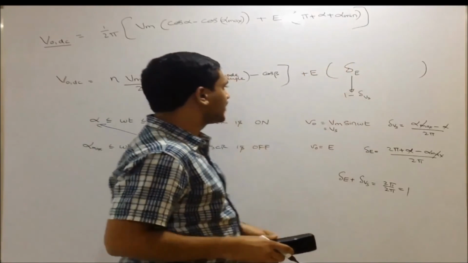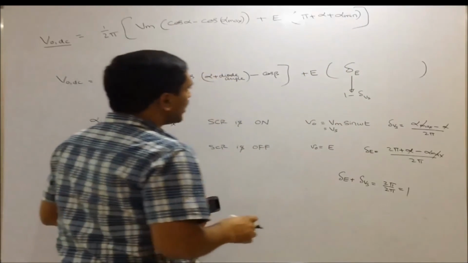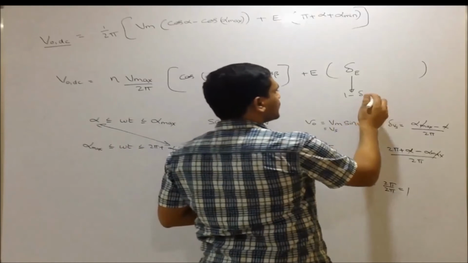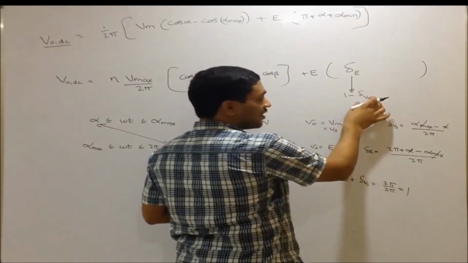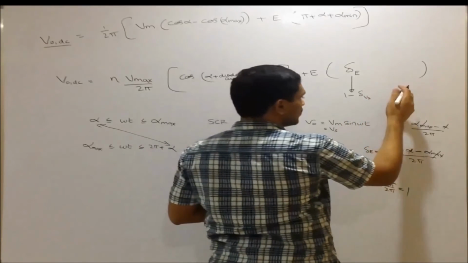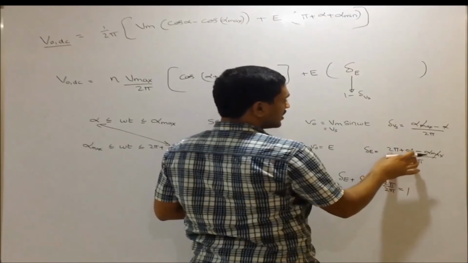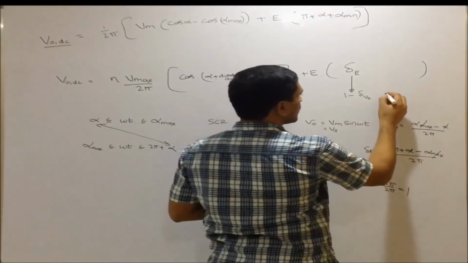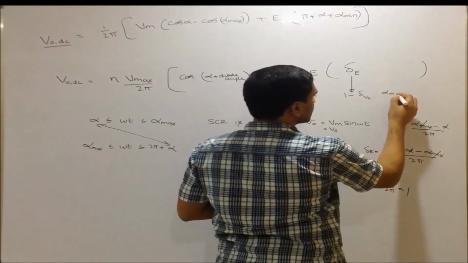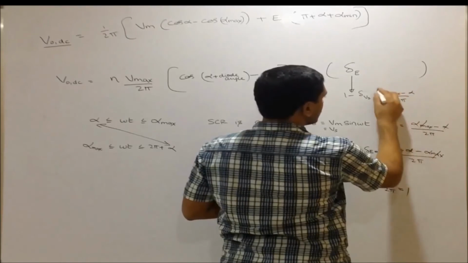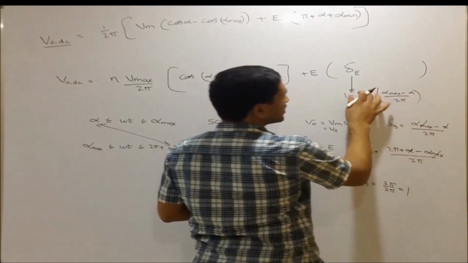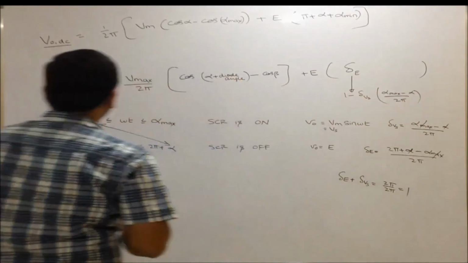Now delta Vs is nothing but the time for which Vs is appearing across the load. What is that? Alpha max minus alpha by 2 pi. This is delta Vs. That value we have to substitute.